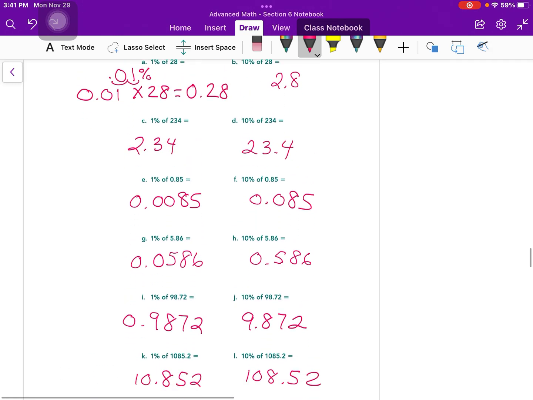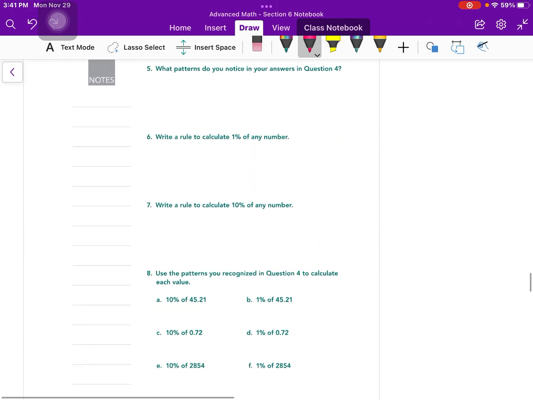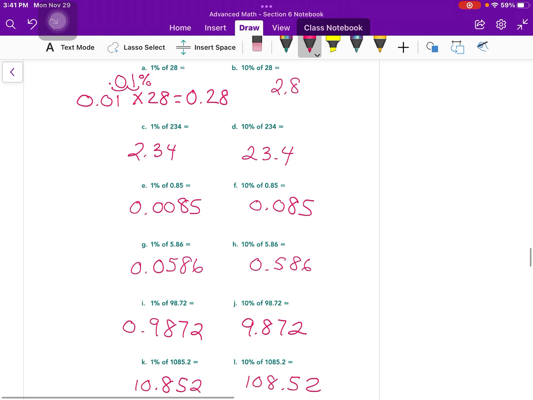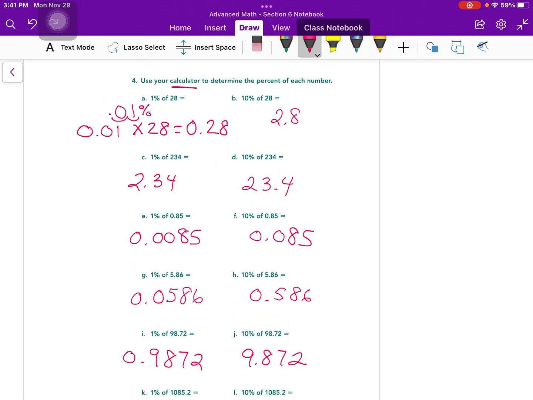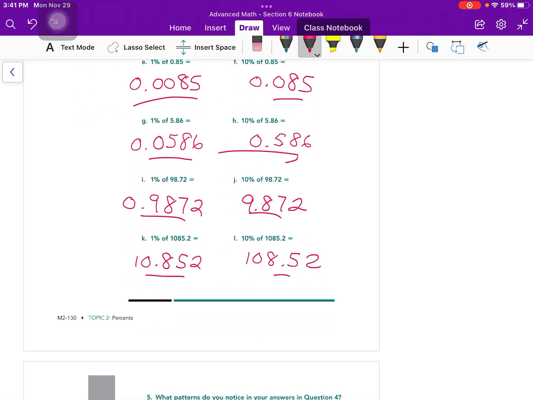All right, so as you can see, whether you followed with me or did them on your calculator, the next question on this next page says, what patterns do we notice? Well, to go from 1% to 10%, every single time, I'm just noticing that you're just moving the decimal point.